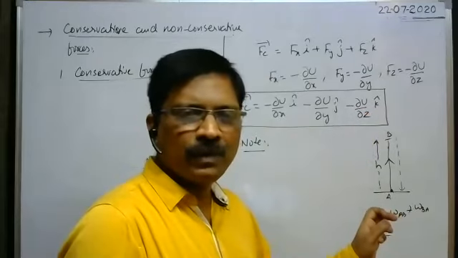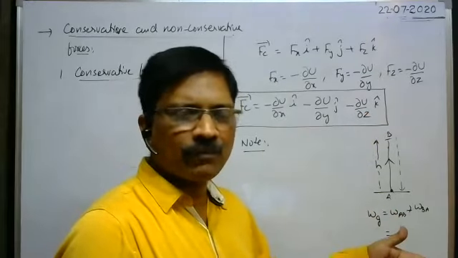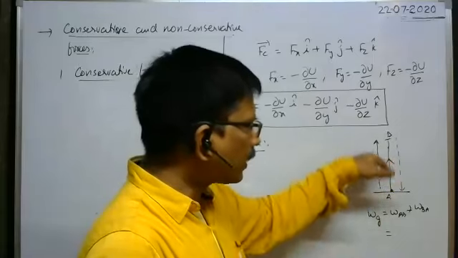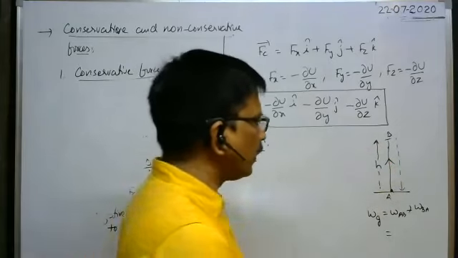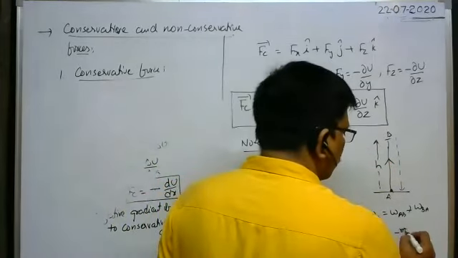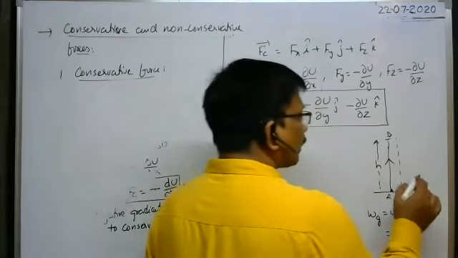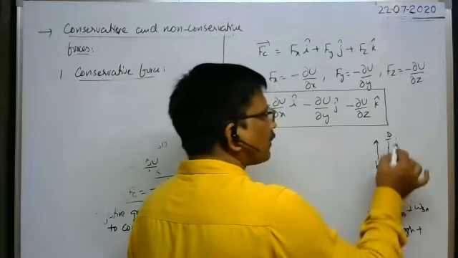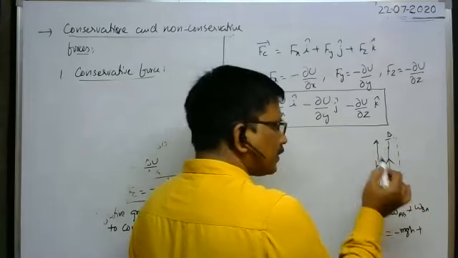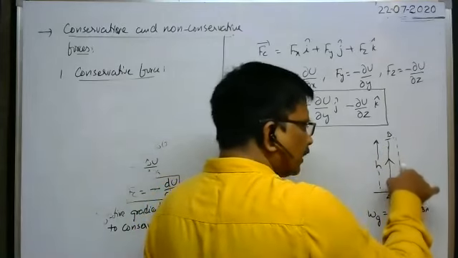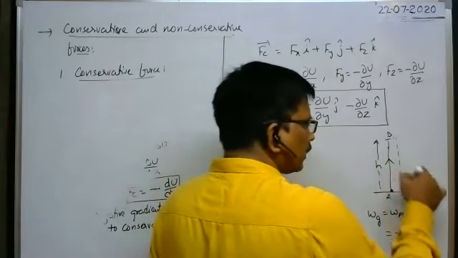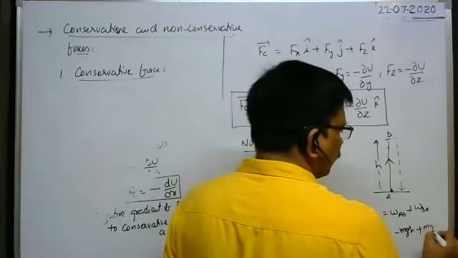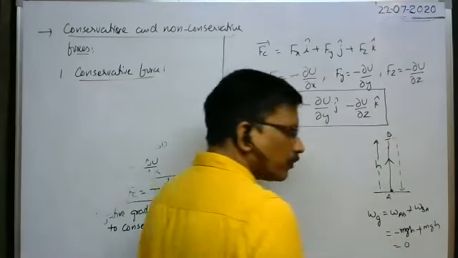Plus mgh or minus mgh? The gravitational force acting on the particle is downwards, displacement upwards. That's why negative work done. So minus mgh. Plus, what is the work done by the gravitational force in travel from B to A through the same distance h? Gravitational force is in the downwards direction and displacement is also downwards. That's why work done is positive, mgh. That is equal to 0, no?